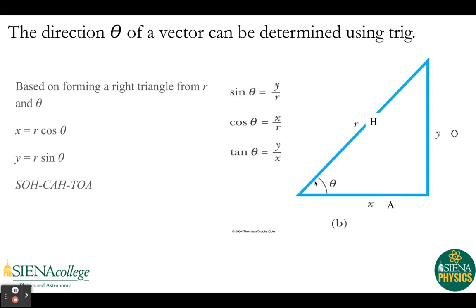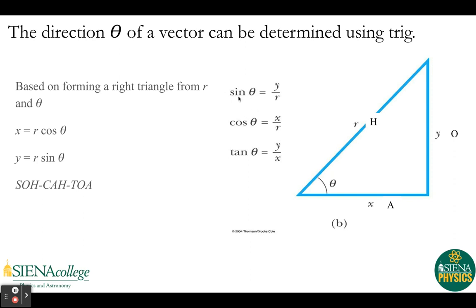Okay, so if we had components of the vector and we wanted to determine the angle, we would use our geometry and trig to do that. So again, just to review here, maybe we'll go back to SOHCAHTOA for those who haven't done this in a while. So sine is opposite over hypotenuse in a right triangle. Cosine is adjacent over hypotenuse, and tangent is opposite over adjacent.